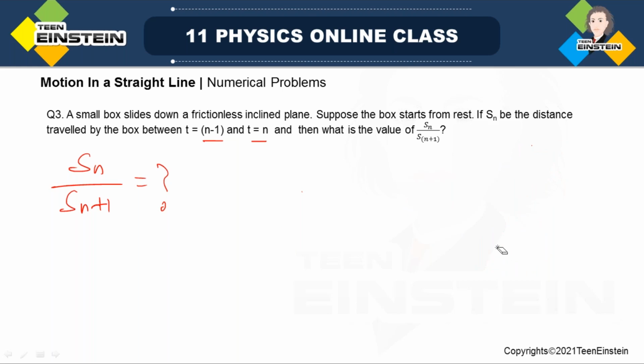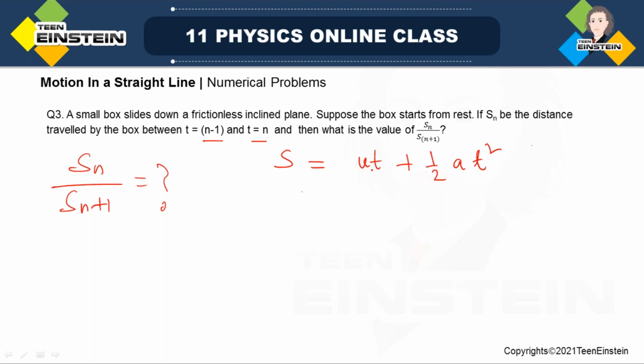First you have to learn what we mean by Sn. We know this S is actually displacement. We have learned the laws of motion in one dimension. This is displacement: ut plus half a t square. So this is the formula.